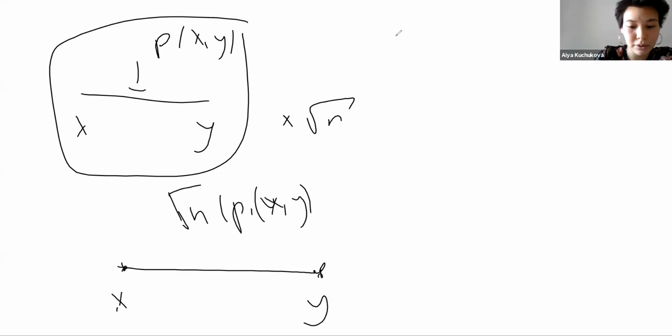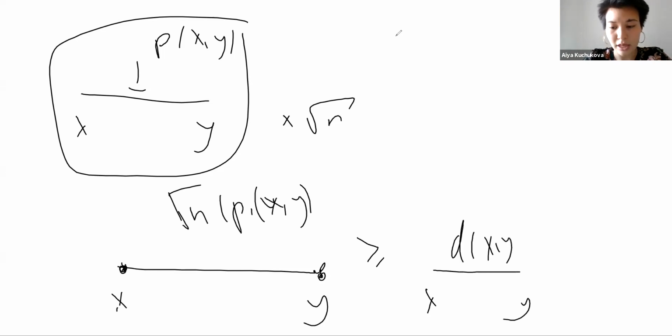But even when we scale it, it's just big enough to be bigger than the usual unscaled distance measured in d. So if we want to compare them, it's nicer to scale one of the distances by square root of n so we can actually compare them with each other. Does that make more sense?